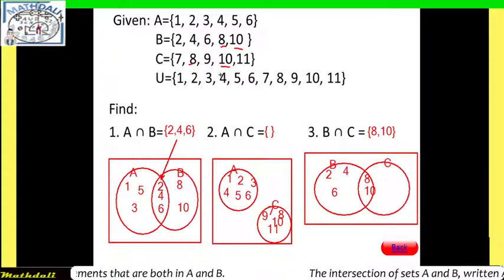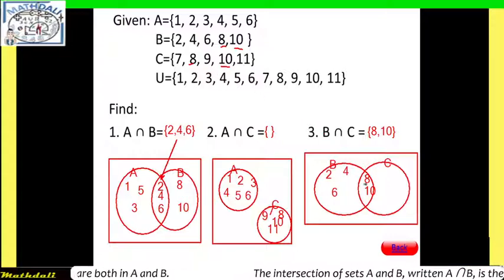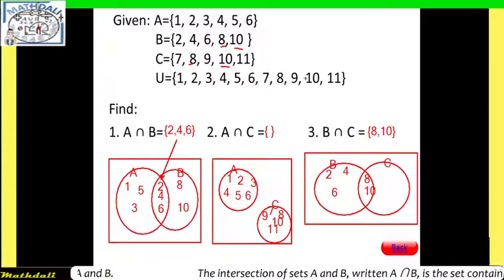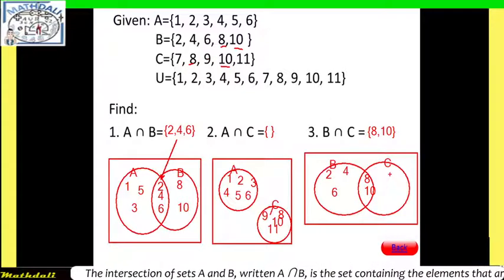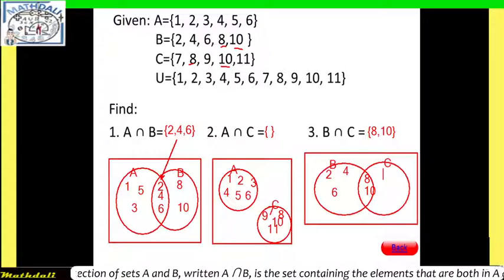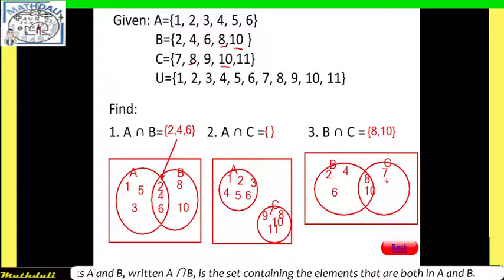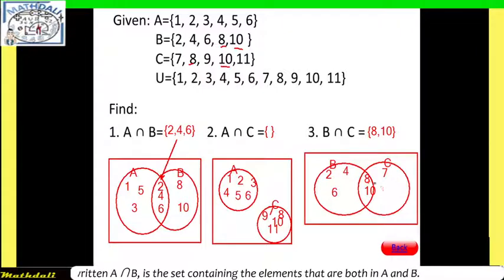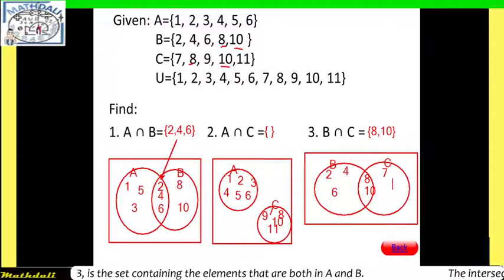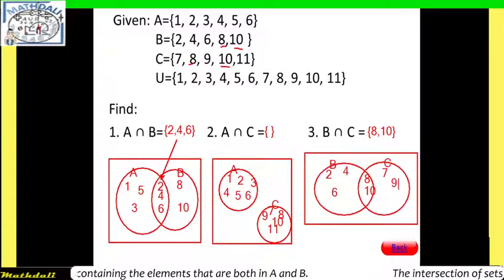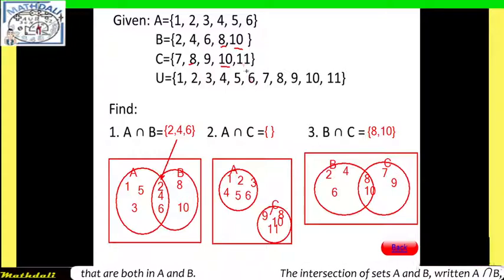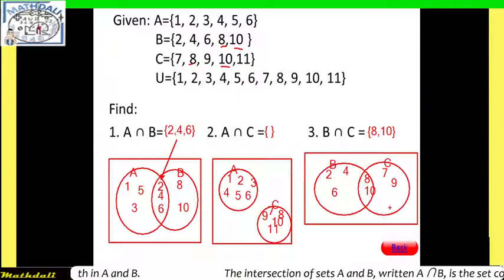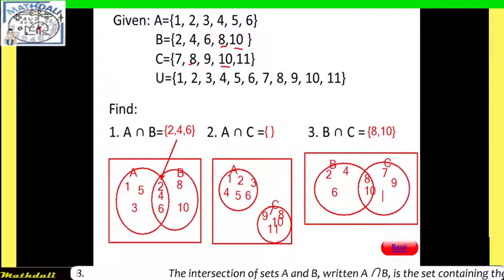Ngayon naman, lalagay natin yung mga element ni set C dito sa part na to. Okay, so meron tayong 7. Then we also have 8. Nandito na yung 8. And meron din tayong 9. Then we also have 10. So ito na yung 10 natin. Then we also have this one, that is 11.